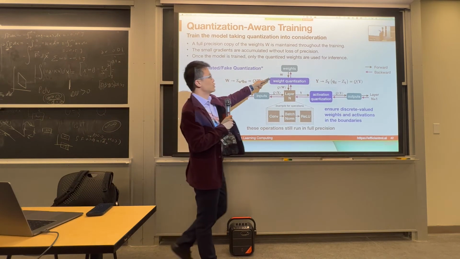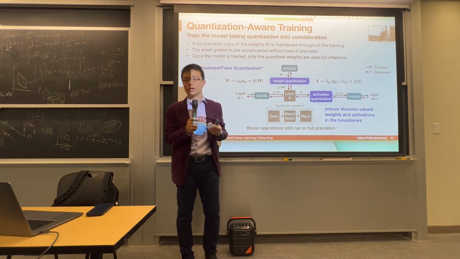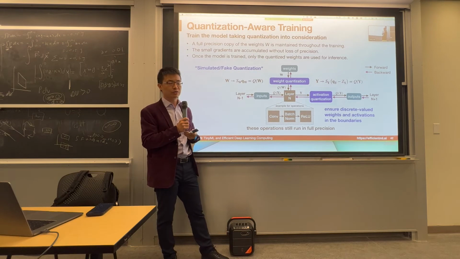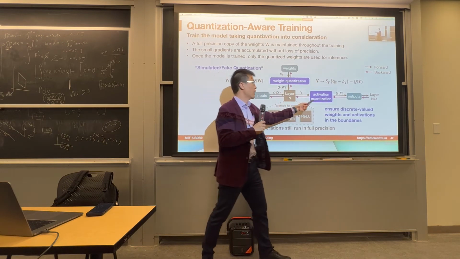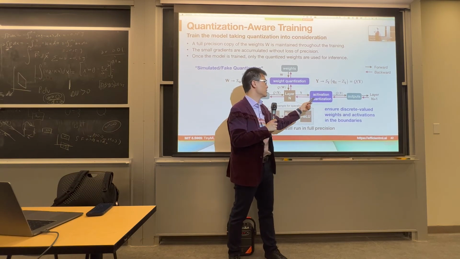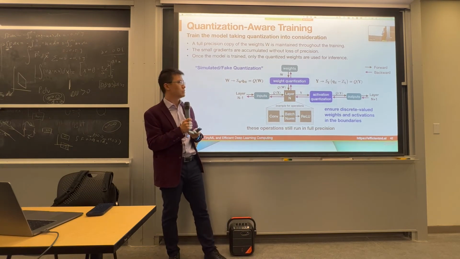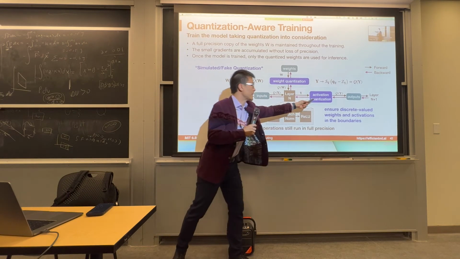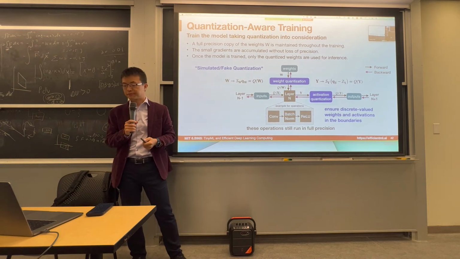So these are the two actual operators on top of the original computational graph. When we are doing back propagation, we have to figure out how to propagate the gradient through this activation quantization function and this weight quantization function.